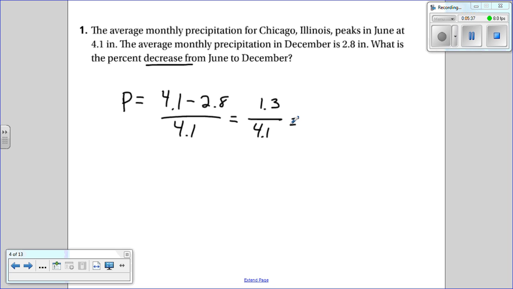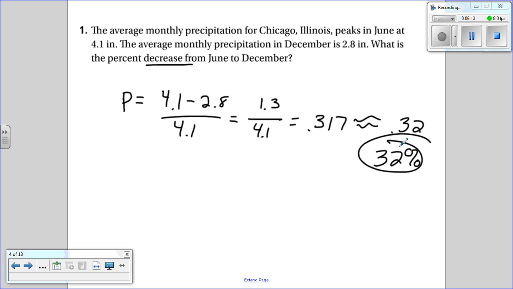And 1.3 divided by 4.1 gives us about 0.317. Now, when you're dealing with percentages, it's good to go to three decimal places, I should say. I'm going to change that. The book usually goes to just 2, so this would be approximately 0.32 or a 32% change.